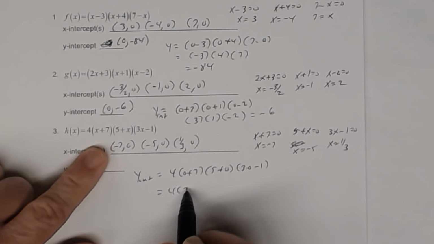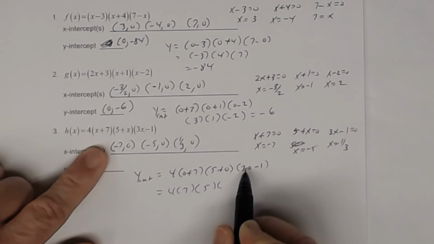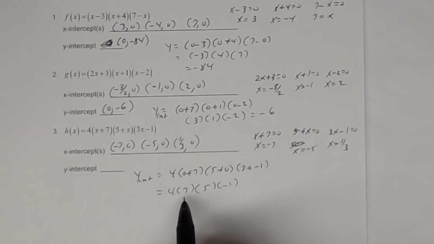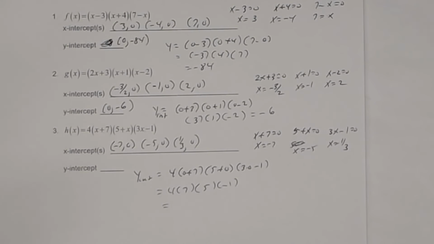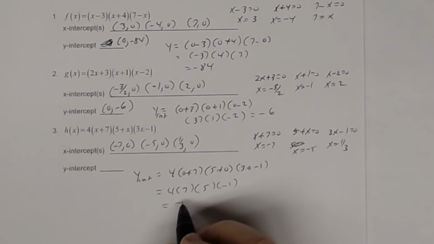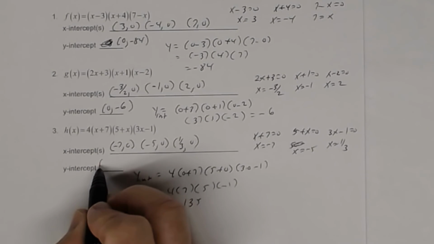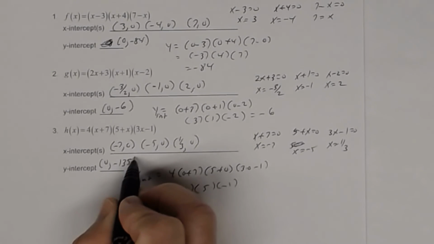So that's 4 times 7 times 5, and then 3 times 0 is 0, and 0 minus 1 is negative 1. So multiplying this out, you're going to get your y-intercept for this function to be negative 135, because 4 times 7 times 5 times negative 1 is negative 135. So you're going to get (0, -135).